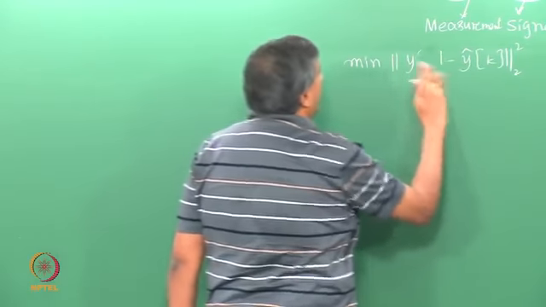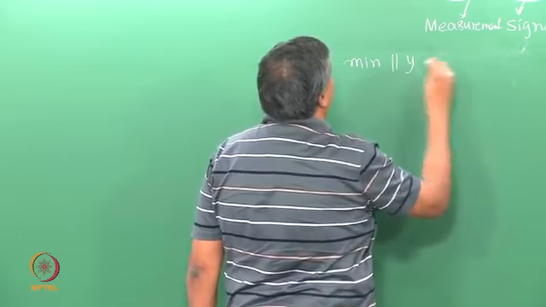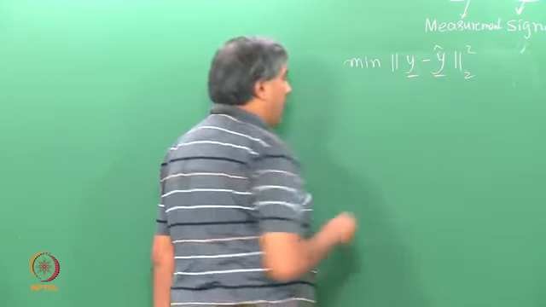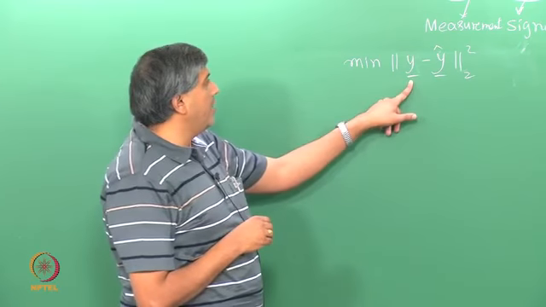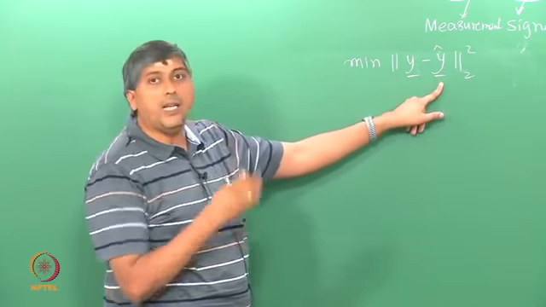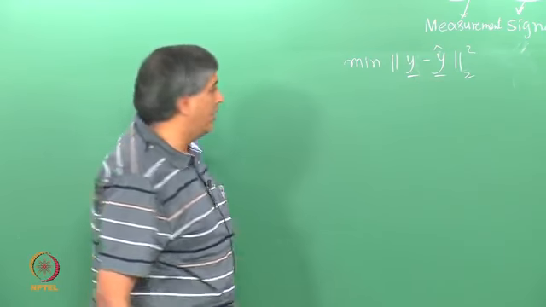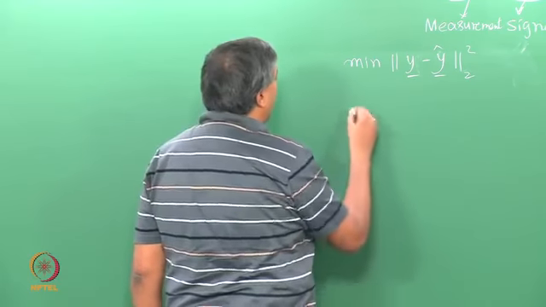In fact, let me say here y minus y hat, where y and y hat are vectors. y is the measurement vector, y hat is the recovered vector from your compressed version. This is the compression objective.